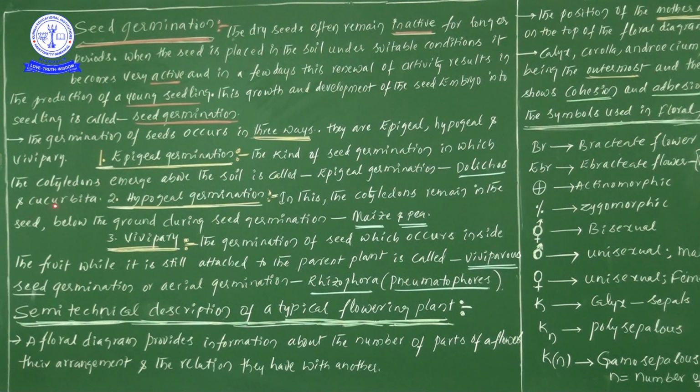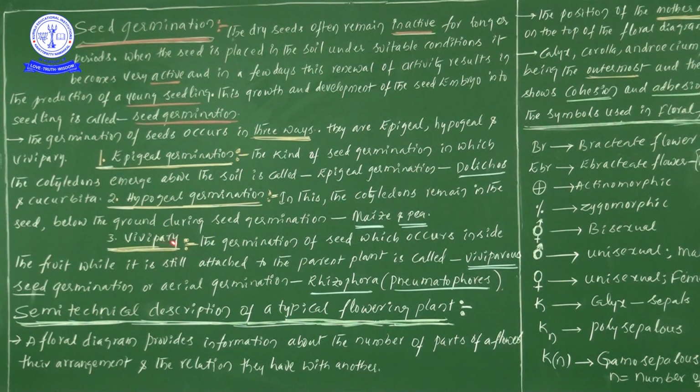Best examples: Dolichos and Cucurbita. Second, hypogeal: in this, the cotyledons remain in the seed below the ground. The cotyledons are present within the seed, and the seed is present within the ground. Best examples: maize and pea.